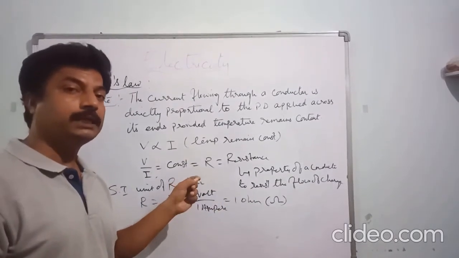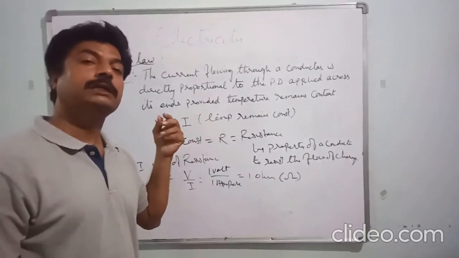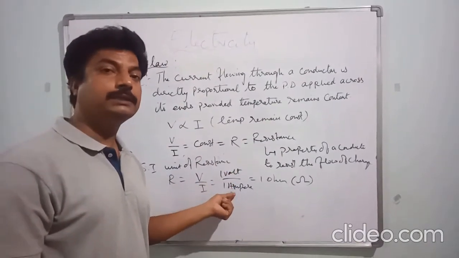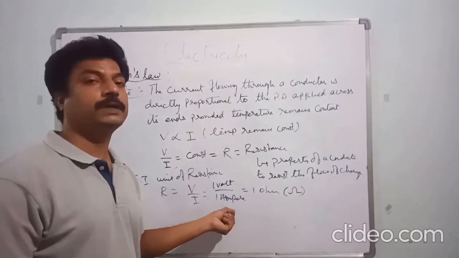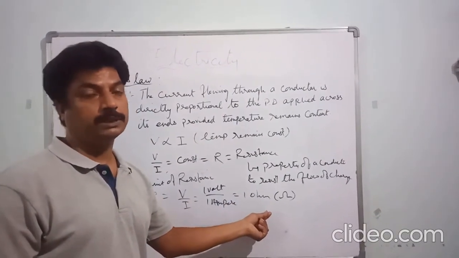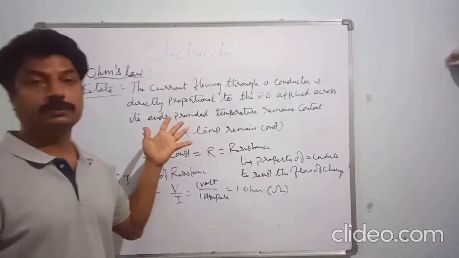I repeat again, if the potential difference across the two ends of a conductor is 1 volt and the current which flows is 1 ampere, then it is defined as 1 ohm. This is the end of Ohm's law, children.